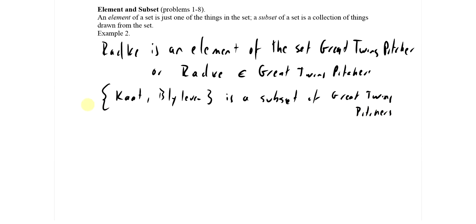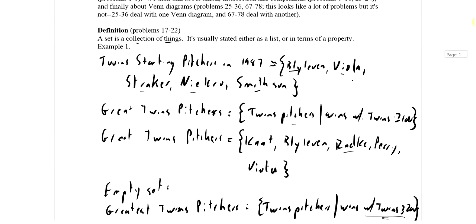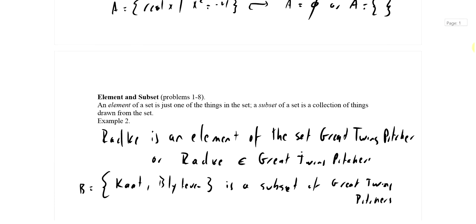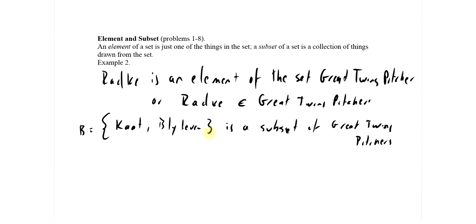Why? Well, this is a set itself. We can call it a set B, right? It's got 2 elements in it, it's a short list, and everything in that set is in this set, right? So Cott and Blyleven are both in that set. So we're just picking out more than one thing. So a subset is just a sublist or a collection of things from the original set.